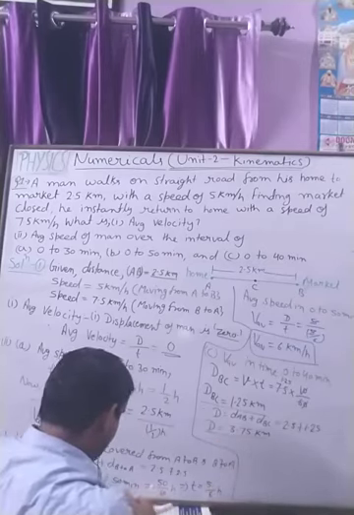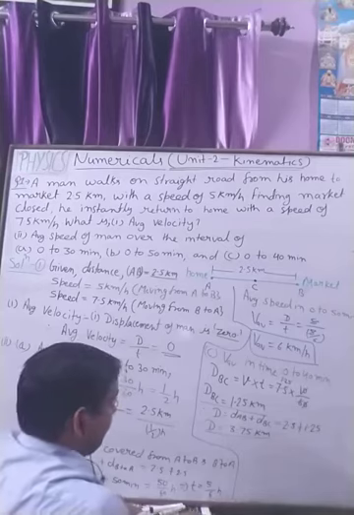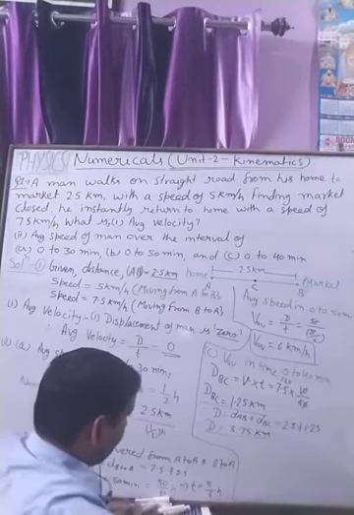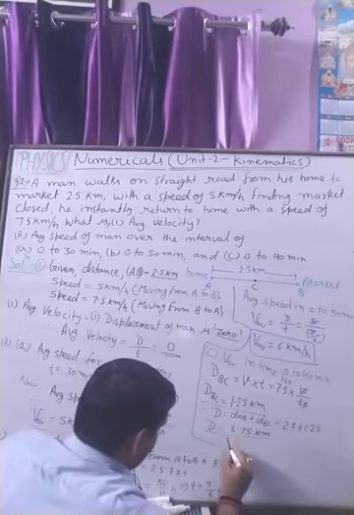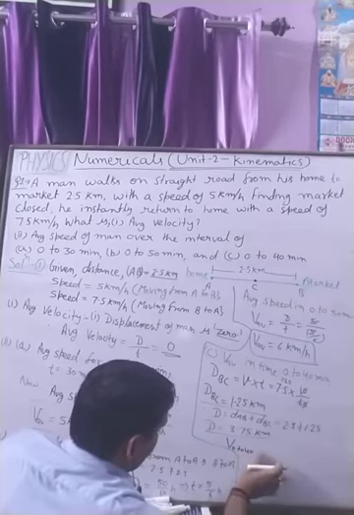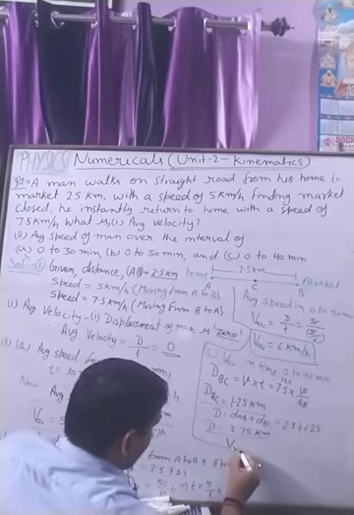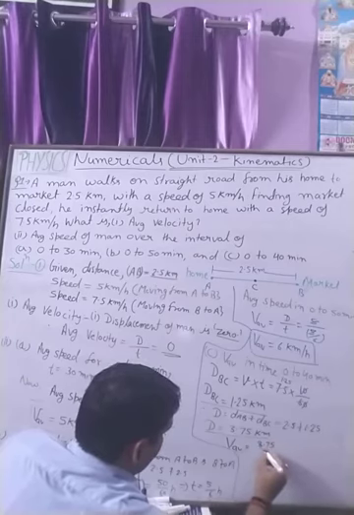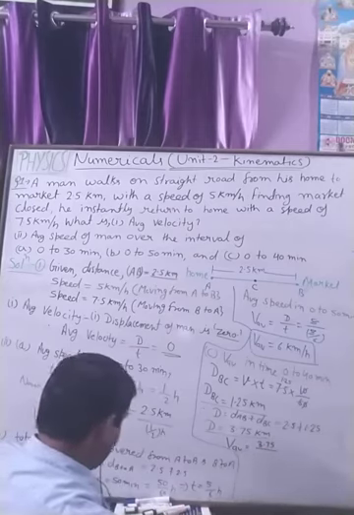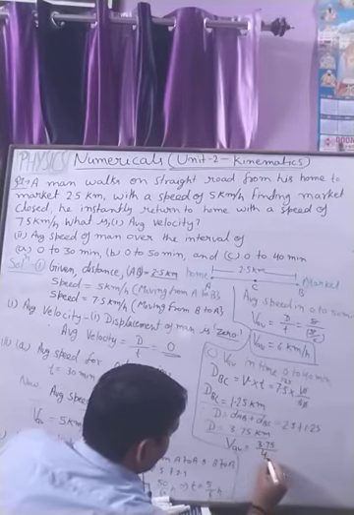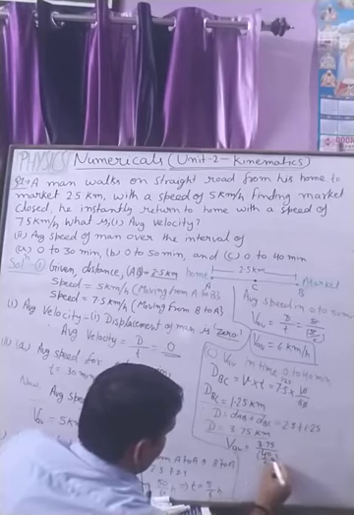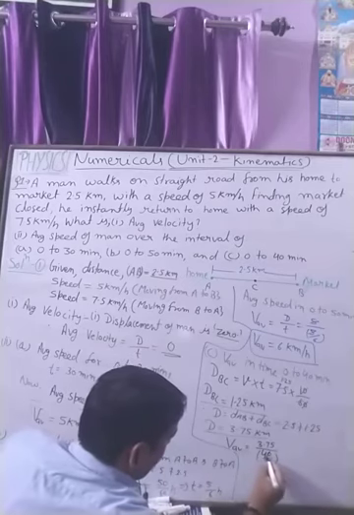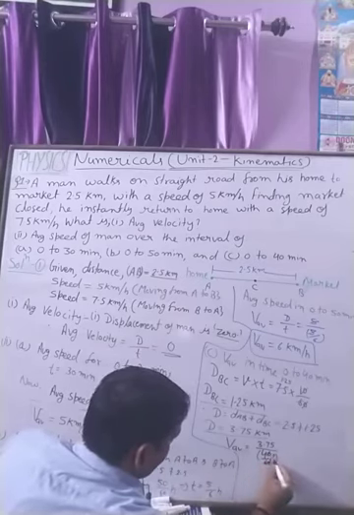Now, the average speed V from 0 to 40, or we say V average, is 3.75 upon time, which is 40 minutes. We can solve it as 40 by 60, so this is cancelled by 2 and 3 times.